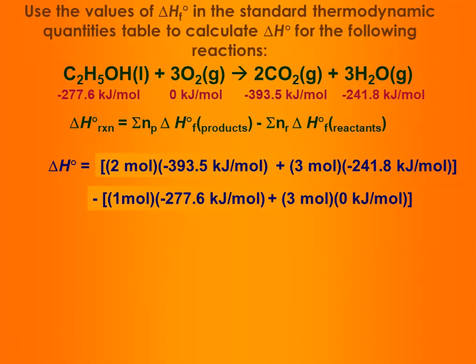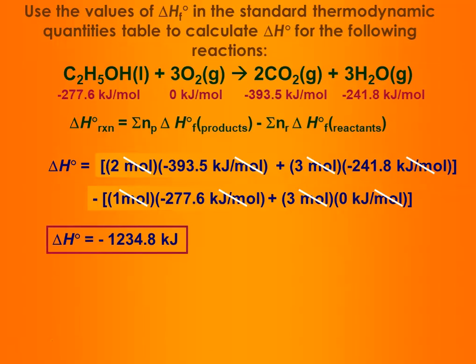Make sure that negative that you are using to take the reactants away from the products gets distributed to both reactants, especially if they both have enthalpy values. At this point, the moles all cancel, and I do my math. I multiply and divide, and I get that my enthalpy for this particular reaction is negative 1234.8 kilojoules.